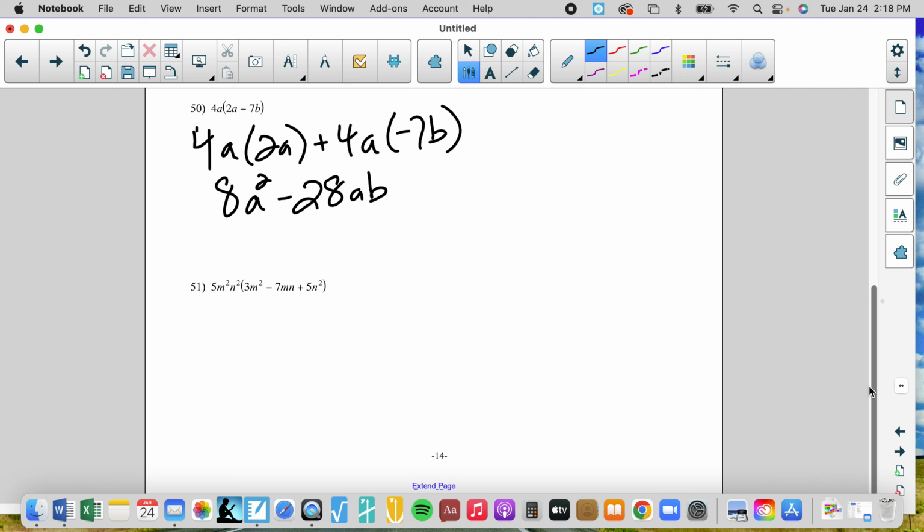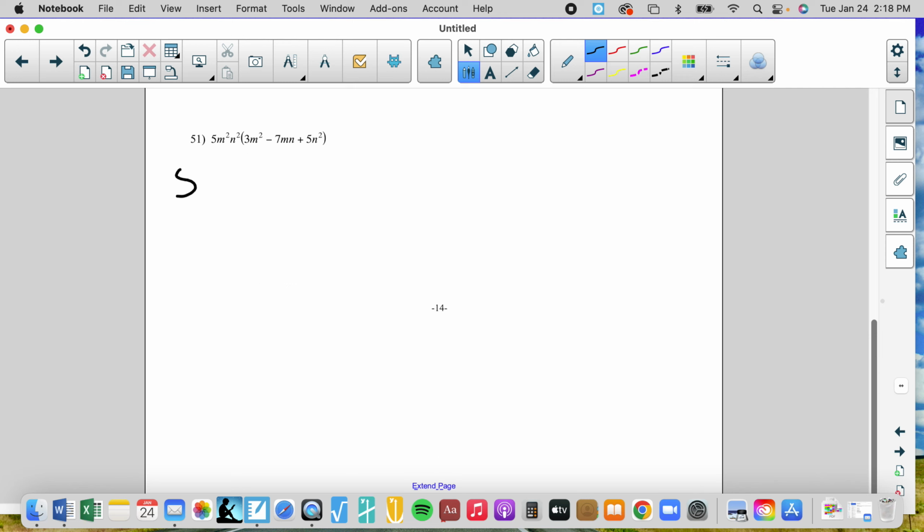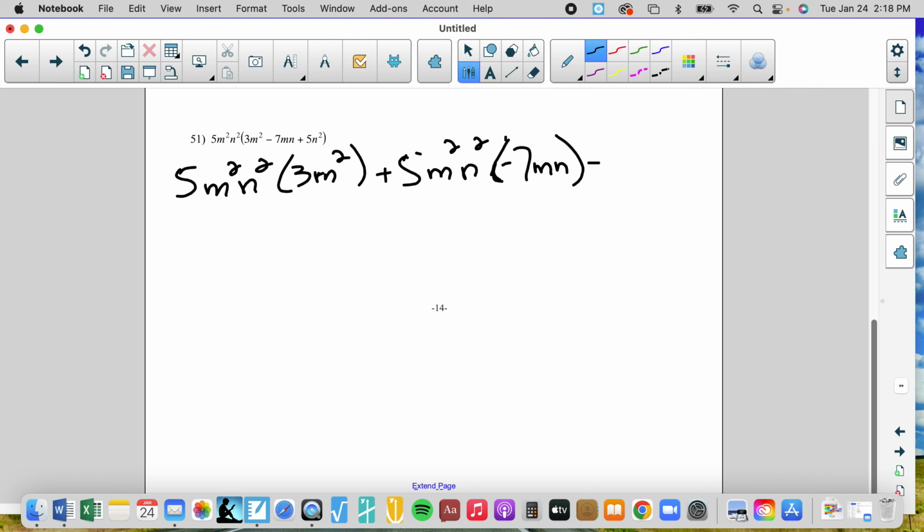Ooh, look at this one. Oh yeah. So we have 5m squared n squared times 3m squared plus 5m squared n squared times negative 7mn plus 5m squared n squared times 5n squared.